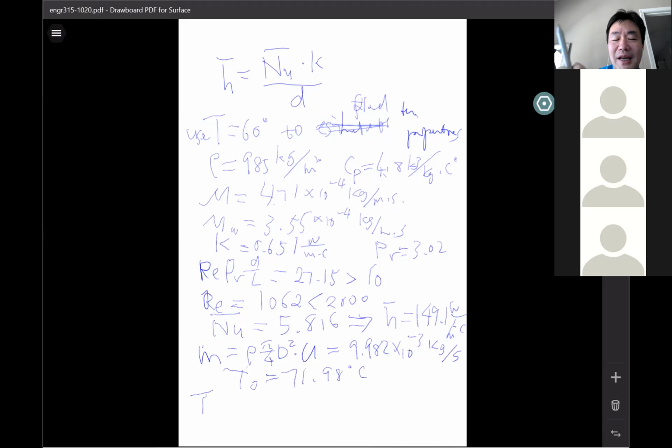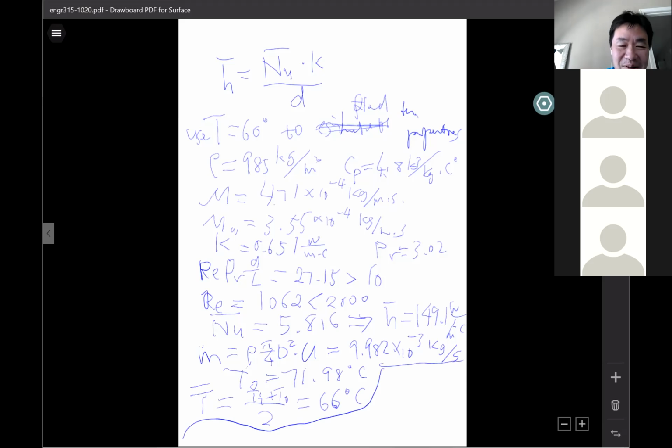So here it's a pipe, so average pipe temperature, how about that? We can use half of TI plus TO to estimate it. So it's around 66 degrees. So with that 66 degree, you are going to do the iteration now.